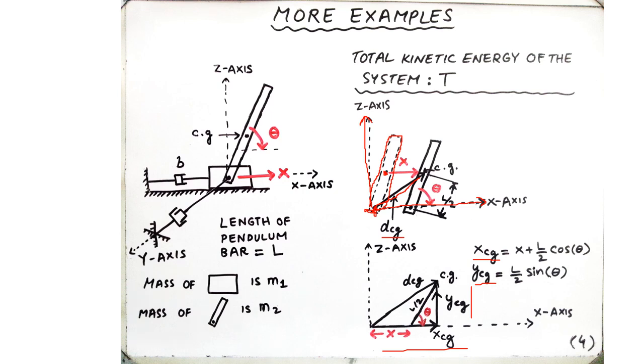Essentially, this is not actually yCg. This really represents the vertical displacement. Maybe zCg would have been more appropriate, but anyways, yCg has been used. You could have just used zCg as well. It would have worked just as fine.